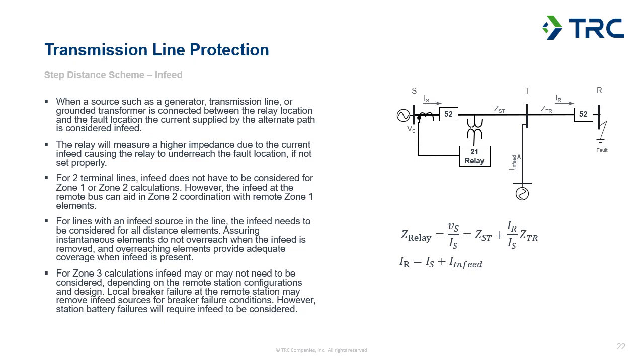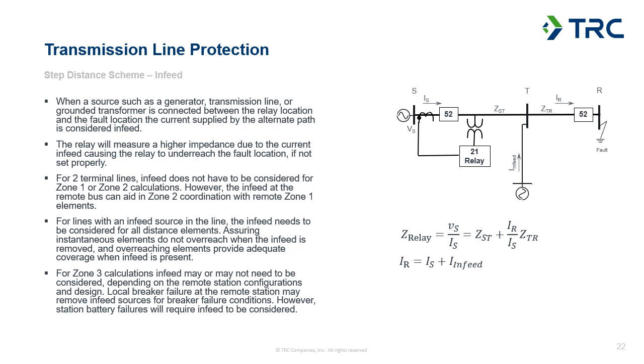So rather than the relay directly just measuring the full impedance from S to R as it would if there's no infeed present, you're actually going to need to calculate and scale that up based on the ratio of the IR and IS to calculate what the actual apparent impedance the relay would see is.